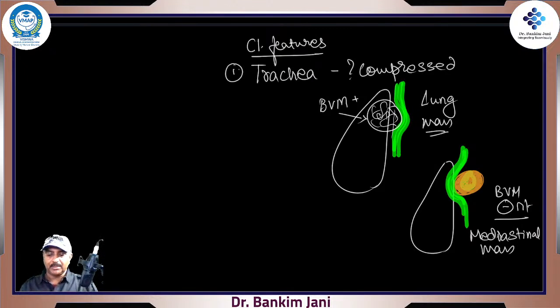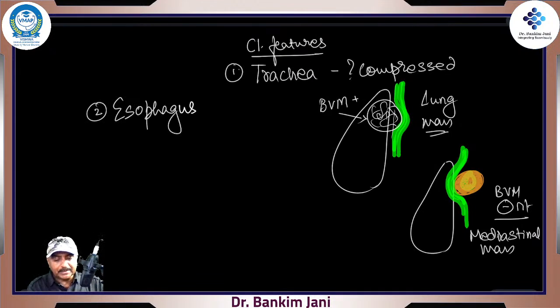That's very important. So first, you'll always look for the trachea. Second, you will watch, or let me write it here, the esophagus. So ask the patient, or is the patient telling that I'm having difficulty in swallowing?